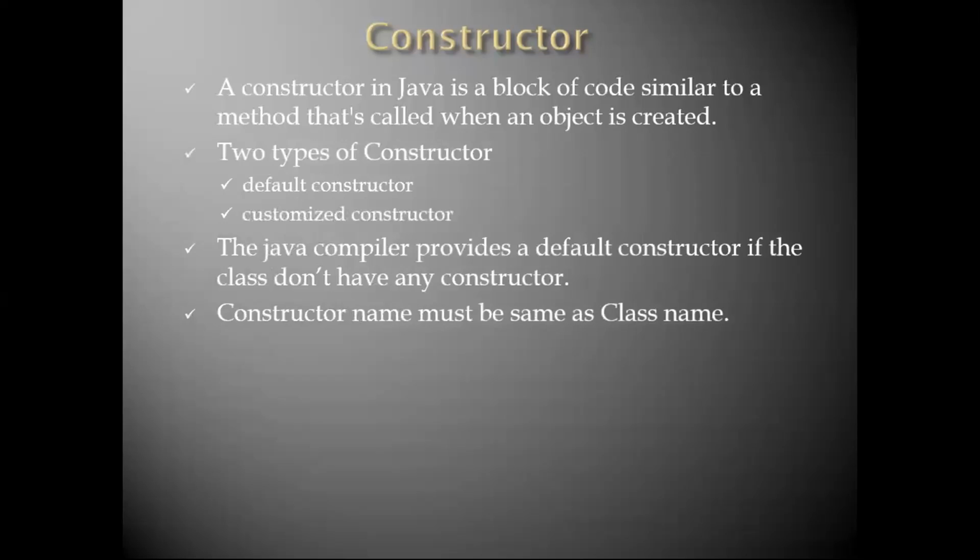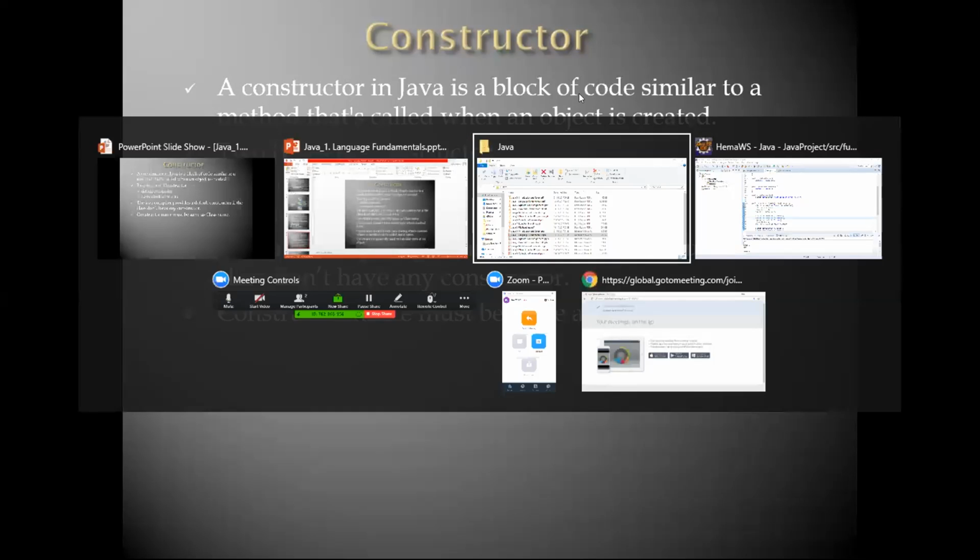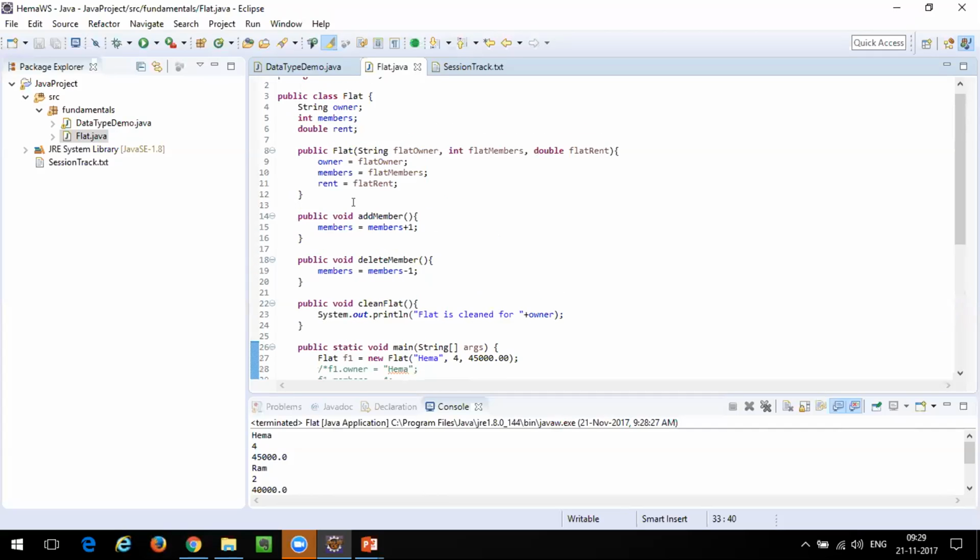Next is: constructor name must be same as class name. You saw here, this is a constructor and this is a method. What is the difference that you can see between a constructor and a method? Constructor name and class name is the same. Okay, that's good. Anything more?